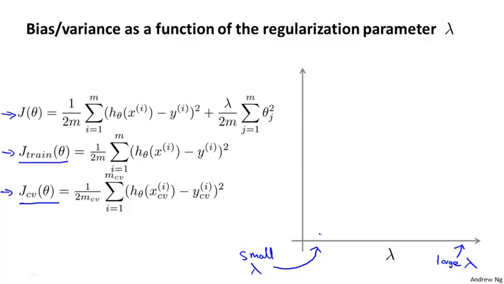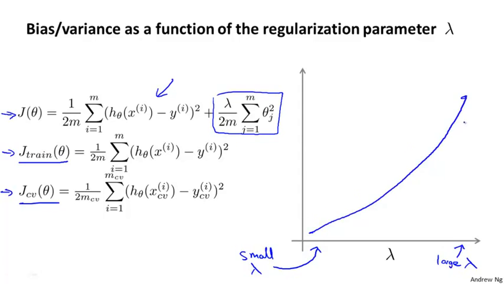So if you plot J train and J CV, what you find is that for small values of lambda, you can fit the training set relatively well because you're not regularizing. So for small values of lambda, the regularization term basically goes away and you're just minimizing pretty much the squared error. So when lambda is small, you end up with a small value for J train. Whereas if lambda is large, then you have a high bias problem and you might not fit your training set well. So you end up with a value up there.